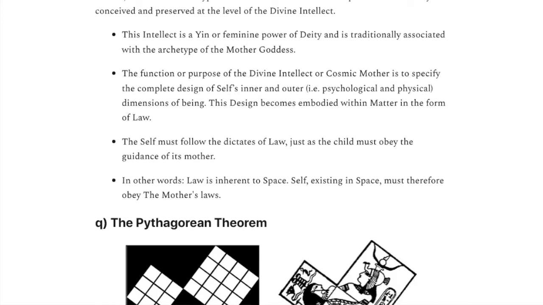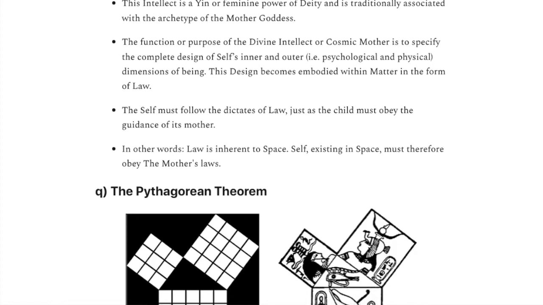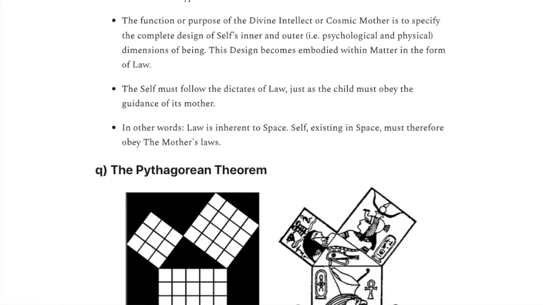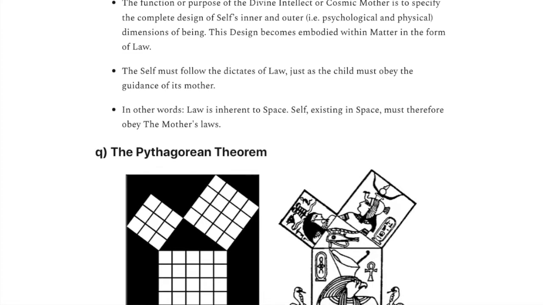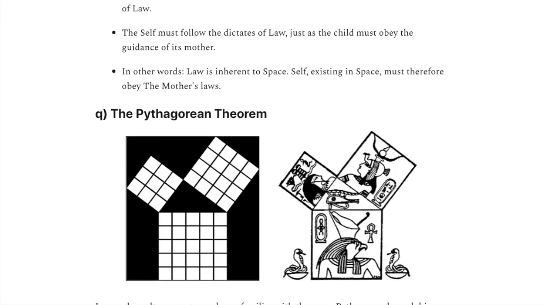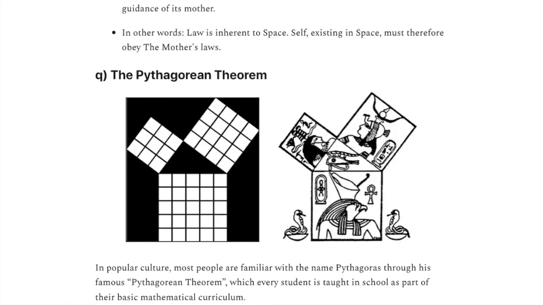And I have a diagram of the geometry of the Pythagorean theorem, which is the famous 3, 4, 5 triangle, the right triangle of Pythagoras. So the square of the side of 3, which is 9, plus the square of the side of 4, which is 16, equals the square of the hypotenuse, which is 5, and that square is 25.